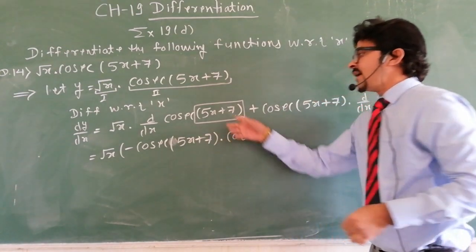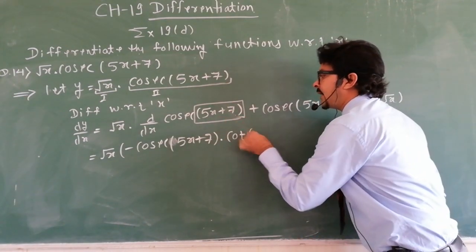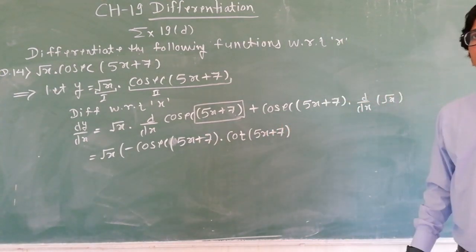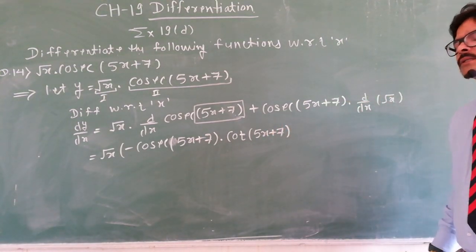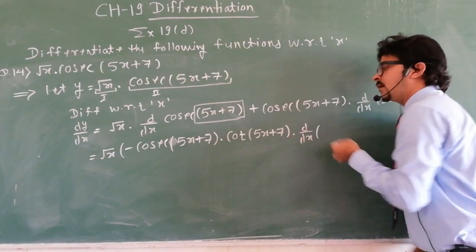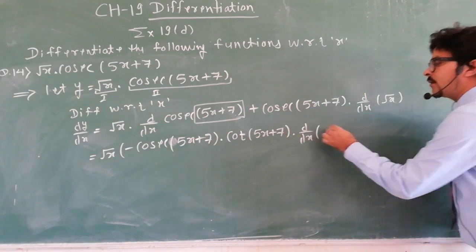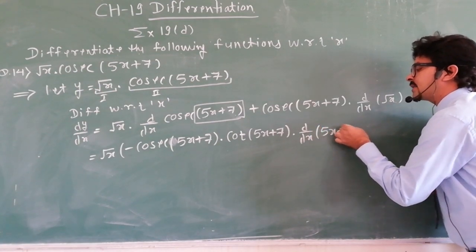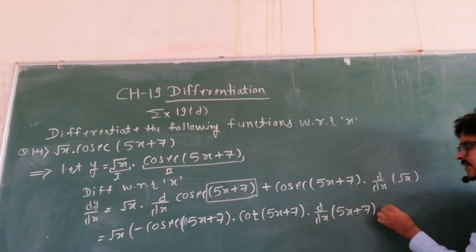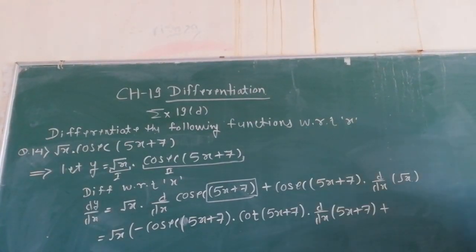and in place of x again write this bracket 5x plus 7. Now after this, d by dx of again this bracket, which is 5x plus 7. Now in between the sign is plus.